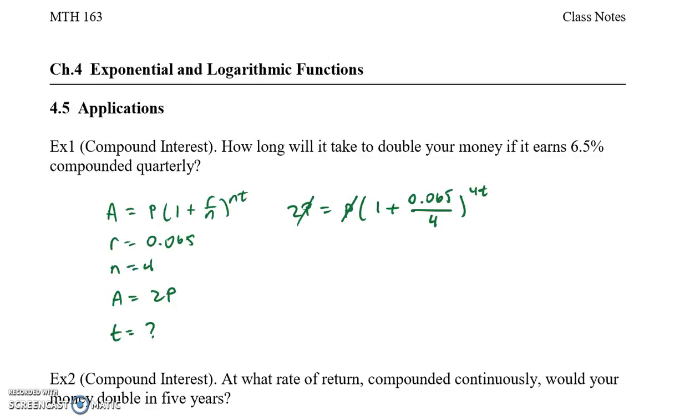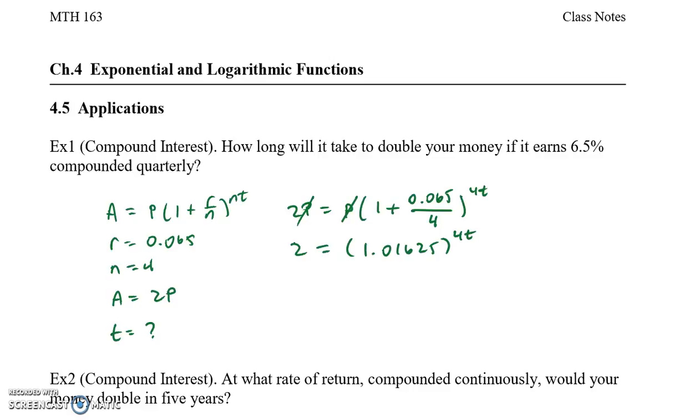If we compute what's in the parentheses, 1 plus 0.065 over 4, we can express that as a decimal. So let me just go ahead and do that now. That number would be 1.01625. So it'll be a little bit easier if we just write it that way at this point.